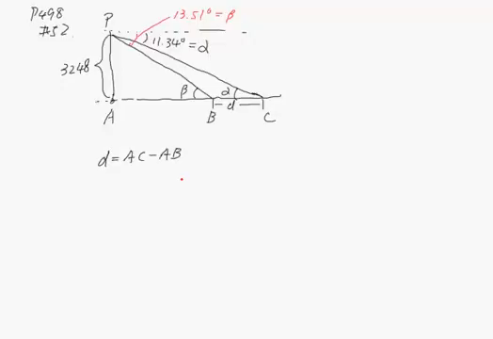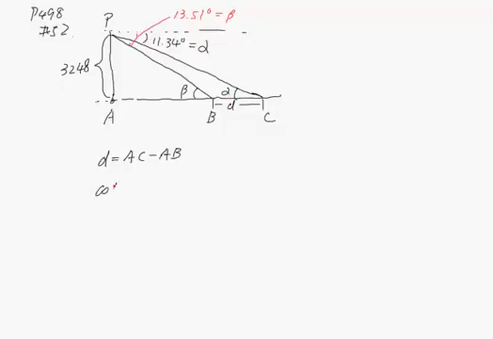So first, let's look at the AC. To find the AC, which function should I use? Which one? See, AC is adjacent to alpha, right? So you may try to use the cotangent.